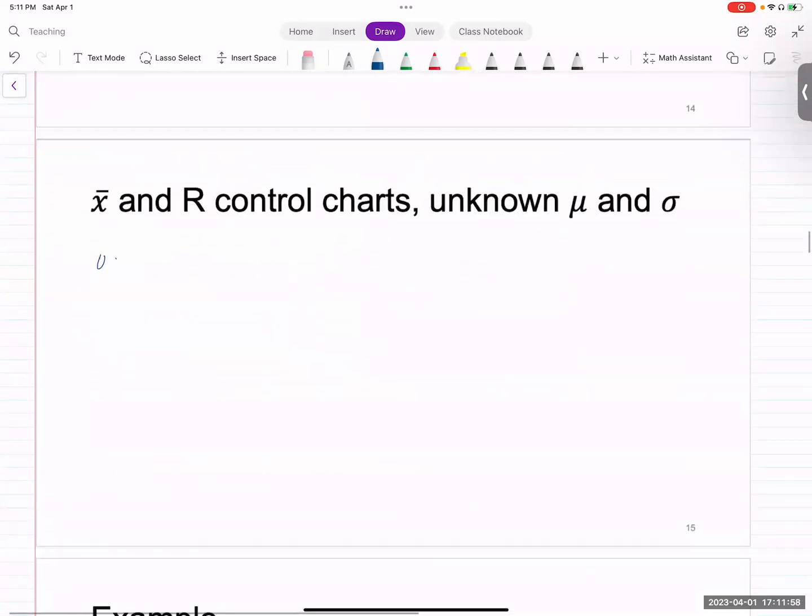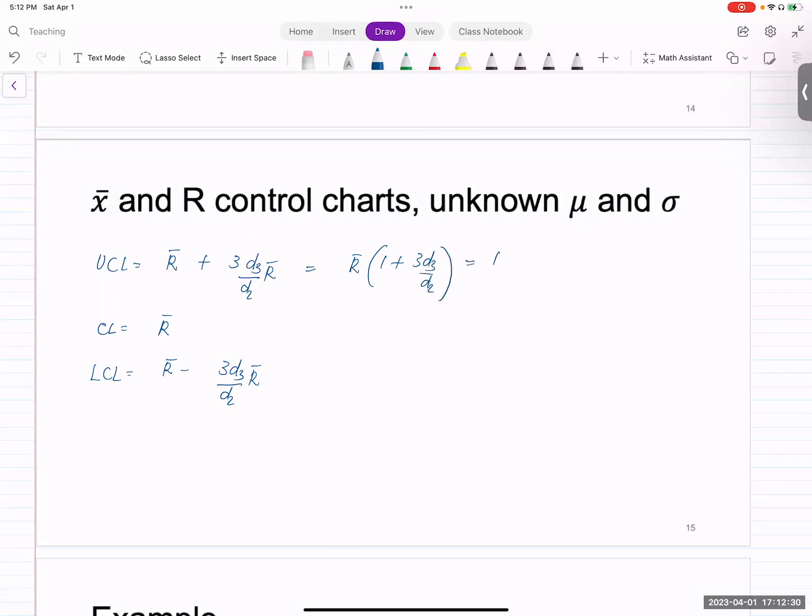So your UCL, I'll just give you the final formula. This is equal to R bar plus 3 d3 divided by d2 times R bar. CL is R bar and LCL is R bar minus 3 d3 divided by d2 R bar. We can simplify by writing the UCL as R bar times 1 plus 3 d3 divided by d2, and this constant inside the parenthesis is D4, uppercase D4.